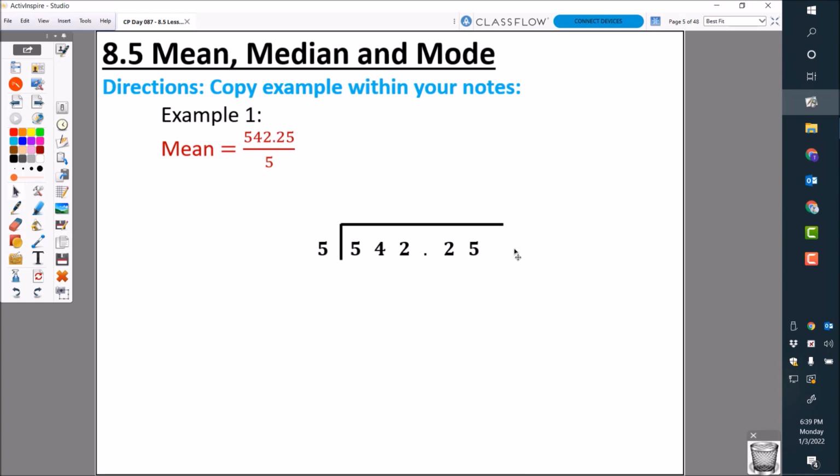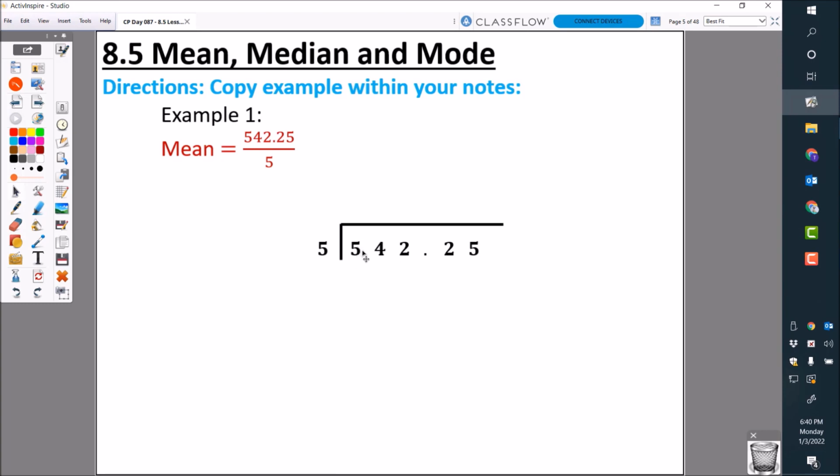Now, I'm going to quickly go over this for the ones who are unfamiliar with long division. If you're familiar and proficient with long division, then you can skim through this process. However, for the ones that need to review, make sure to organize your numbers when it comes to long division. So the first part, we're going to look at the 5 from the 542.